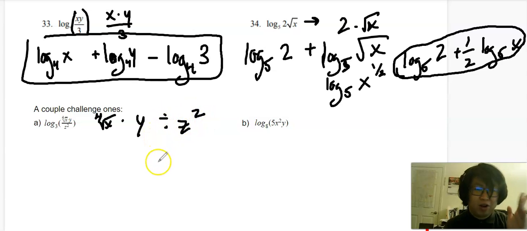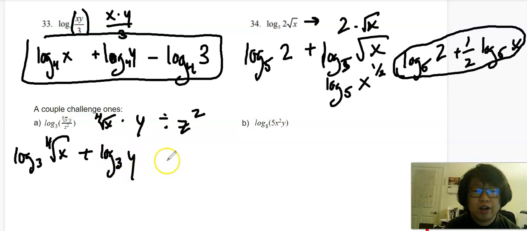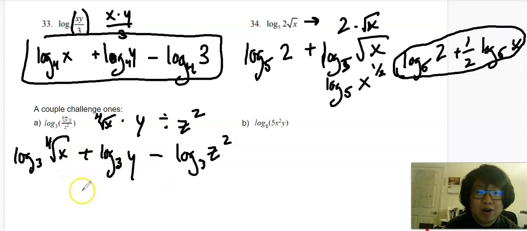Okay, so let's separate all these pieces out first, kind of like with number 33. I've got log base 3 of the 4th root of x plus log base 3 of y minus log base 3 of z squared. Okay, but we have some pesky exponents, so we're going to have to get rid of them the only way we know how, with the power rule of logarithms.